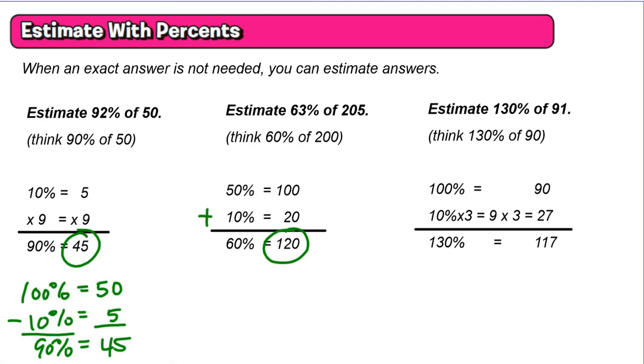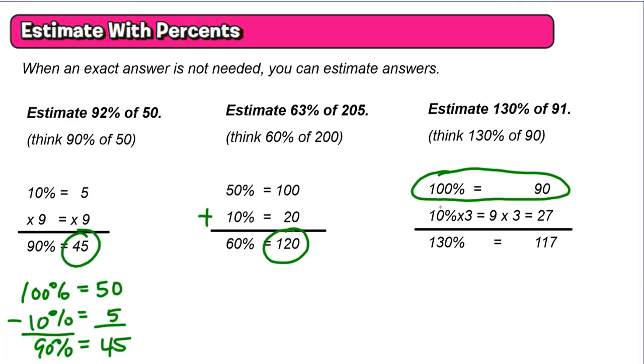Next one, estimate 130% of 91. So think 130% of 90. Well, here we're going above and beyond 100%. So 100% is probably the easiest percent to find besides 0%. 100% of 90 is 90. That's all of it. So now I'm going to add another 30% to that.